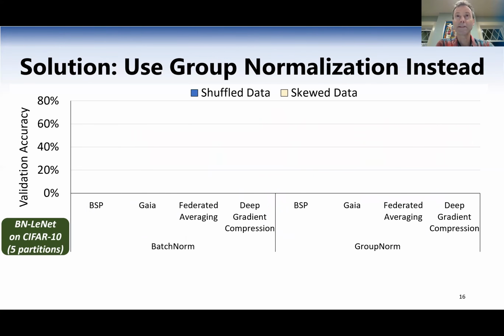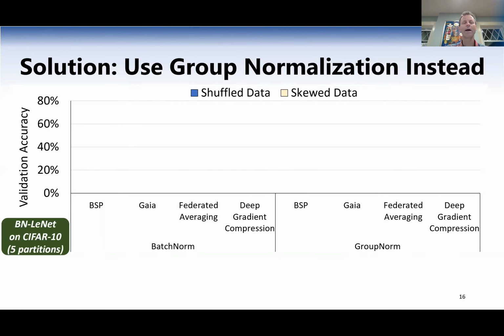So after exploring a lot of different alternatives to batch normalization, we discovered that group normalization, which was designed for a different purpose, is actually an effective replacement. Here we're looking at batch-normalized GoogLeNet on the CIFAR-10 data set. On the left are the original GoogLeNet results, and on the right are the results where we replace the batch norm layers with these group norm layers.